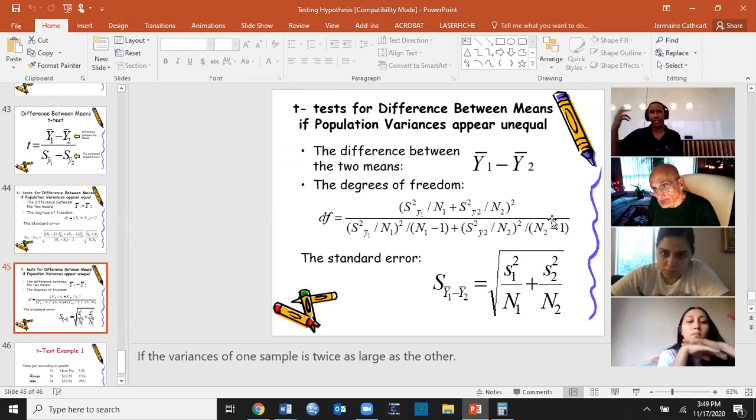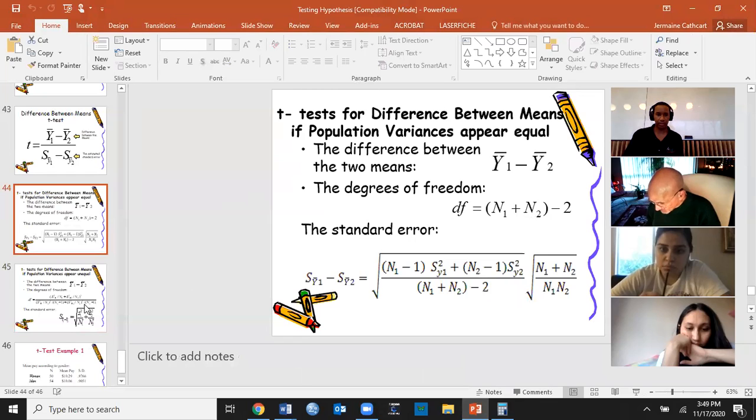You're not going to have to calculate it. Just understand that if you do have differences in variances or unequal variances, then you might need to know that the degrees of freedom formula isn't this simple, it's this. But the vast majority of time, the degrees of freedom formula is going to be this, okay?